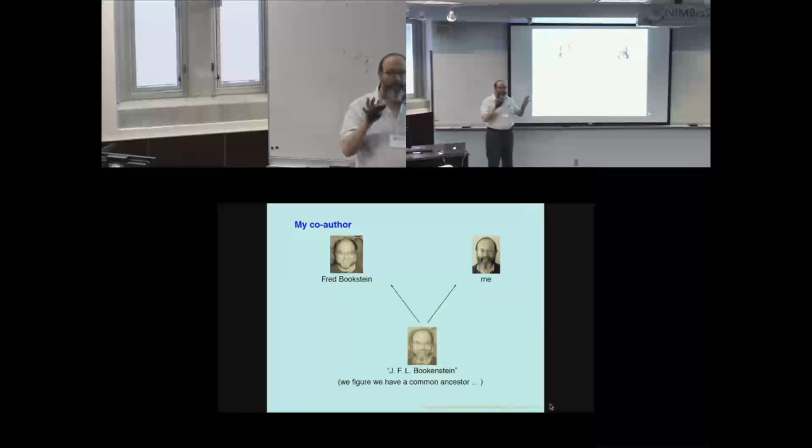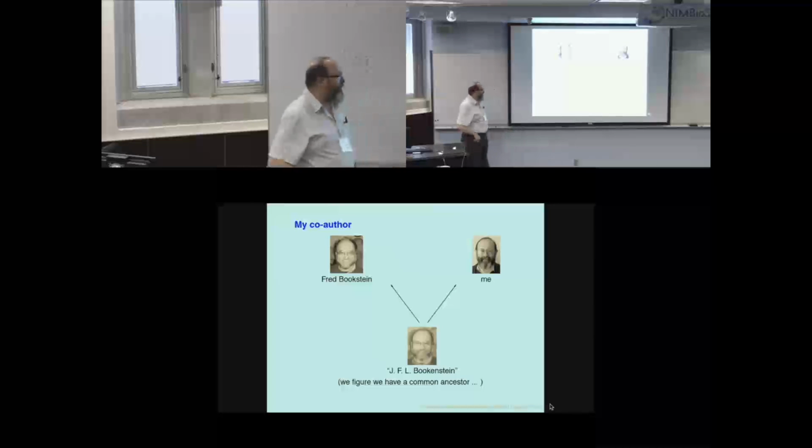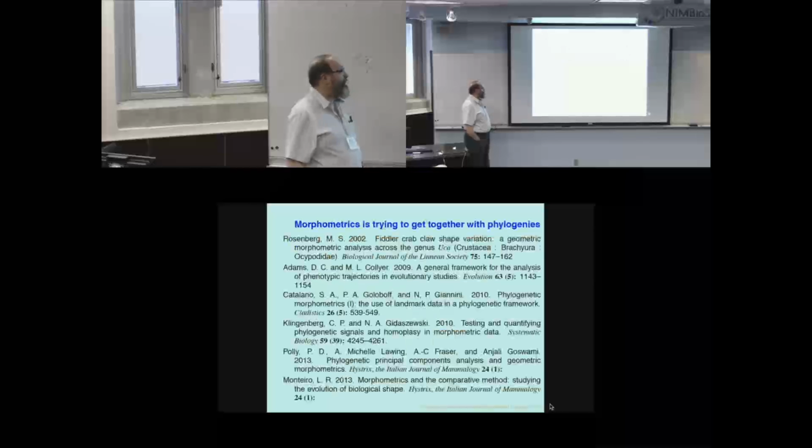You put them in a program like Adobe Photoshop or GIMP, and you make them 50% transparent, and you size them so that the eyeballs are exactly superimposed. And then you just plop them down on each other, and that's what you get. It works very well. Anyway, that's JFL Bookstein, who represents our consensus.